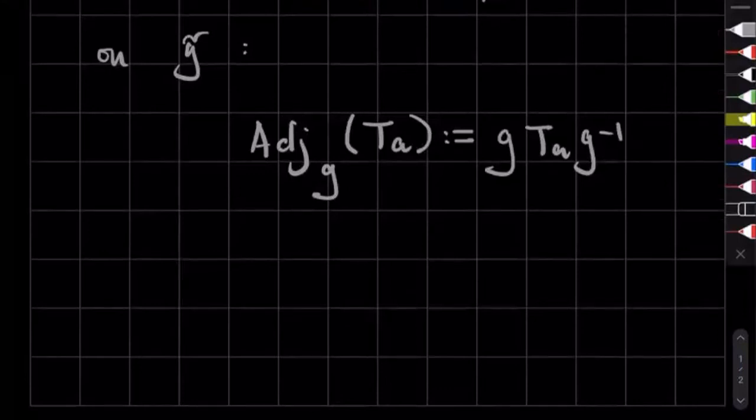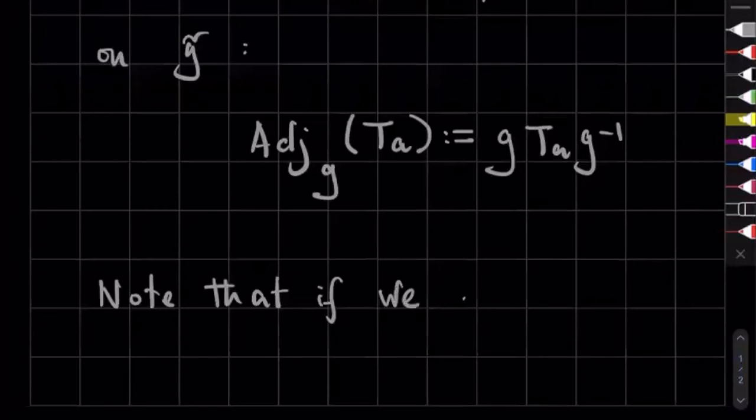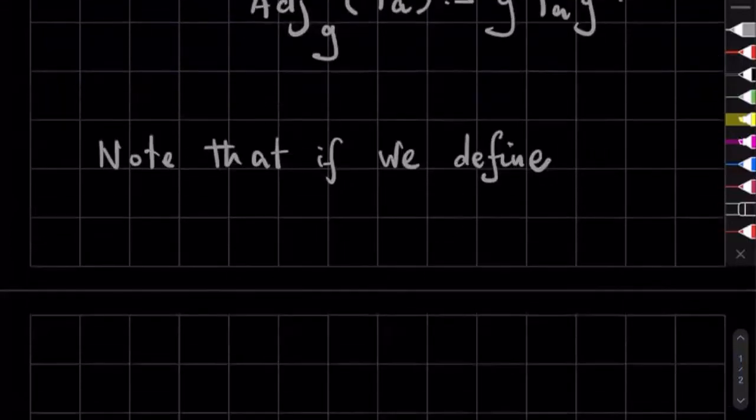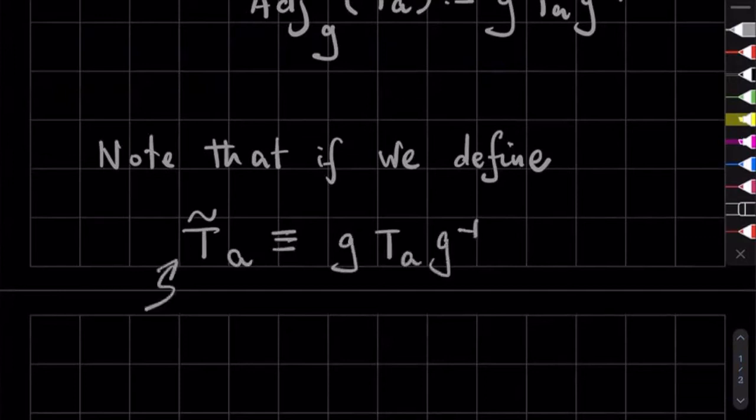So note that if we define T tilde of A to be G T_A G inverse, this thing depends on G, right?